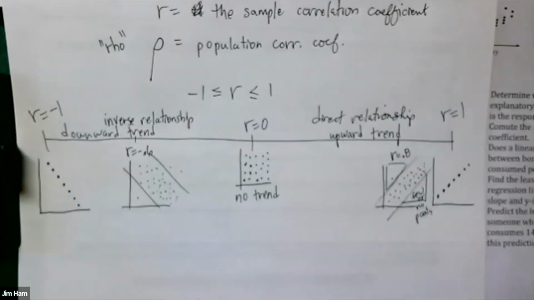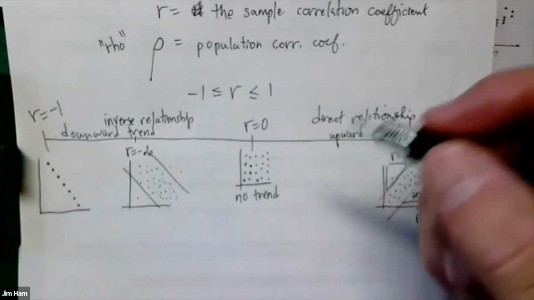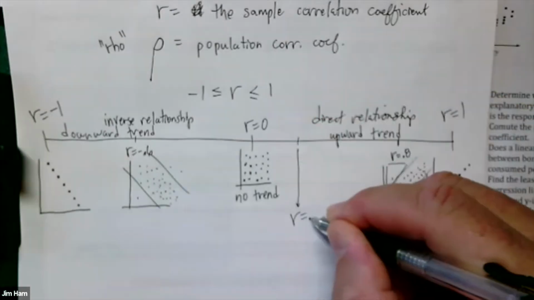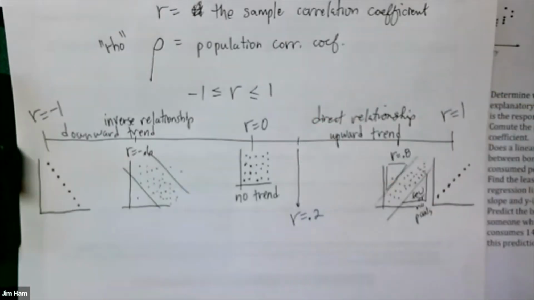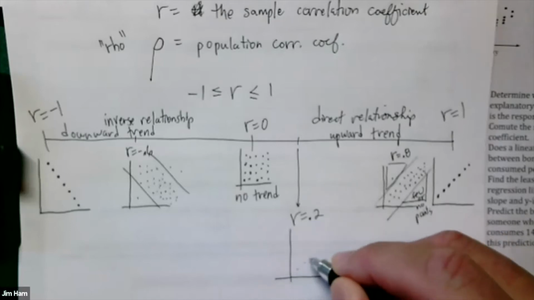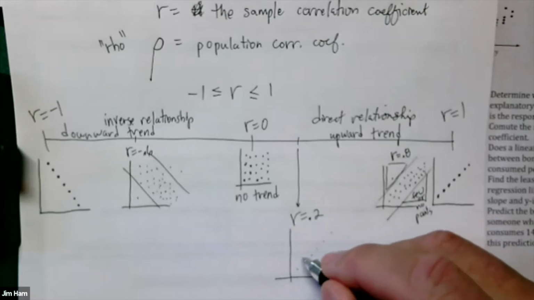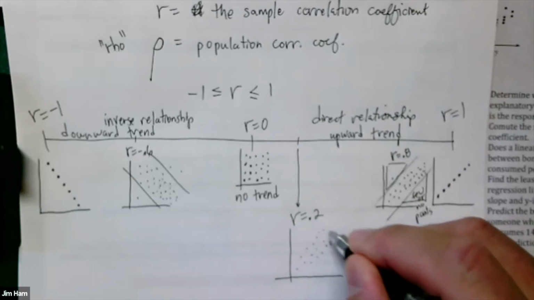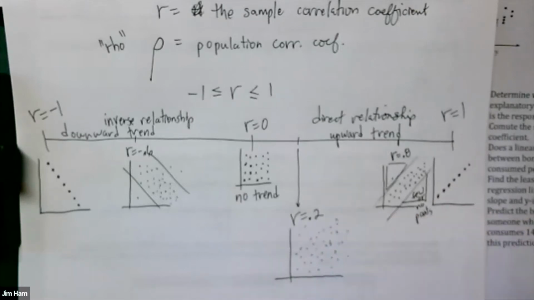Now, when you have a correlation coefficient of, say, 0.2, it's going to be difficult for you to discern the difference between a correlation coefficient of 0.2 and a correlation coefficient of, say, 0. Because with this one, we do know that we have a positive trend, so there's going to be an upward trend here.